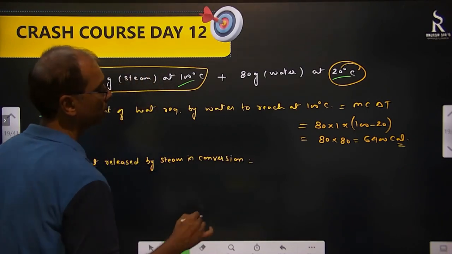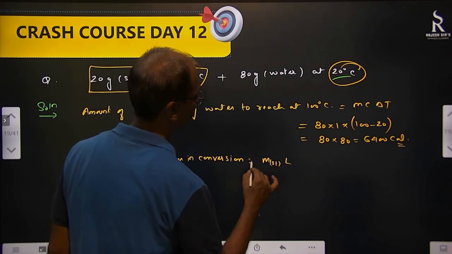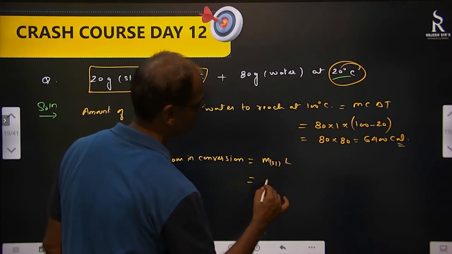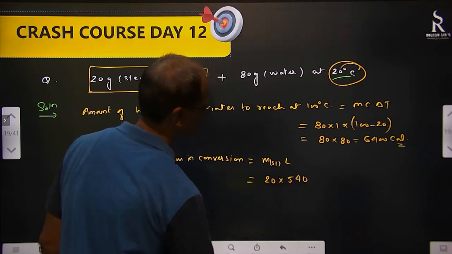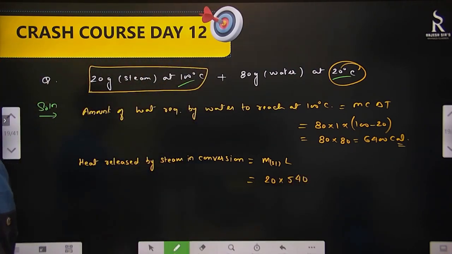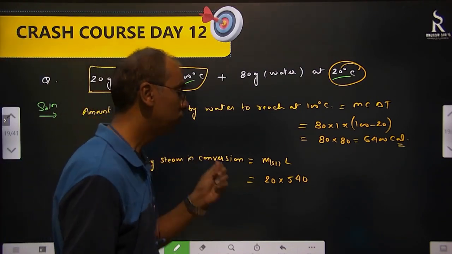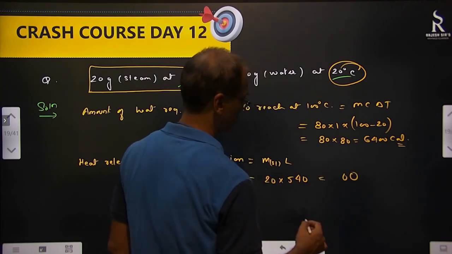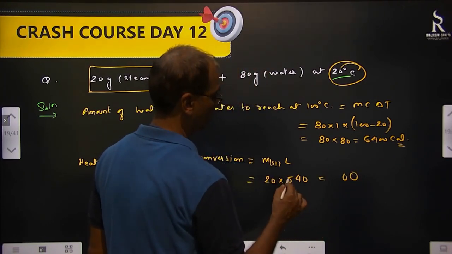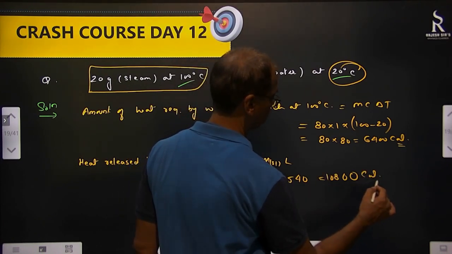M into L. Mass of steam into latent heat. Mass of steam is 20, and its latent heat is 540. I think it's having too much. 20 into 540 is 10,800. This many calories it has.